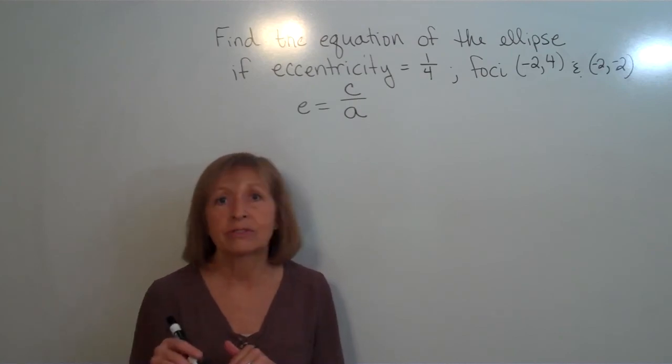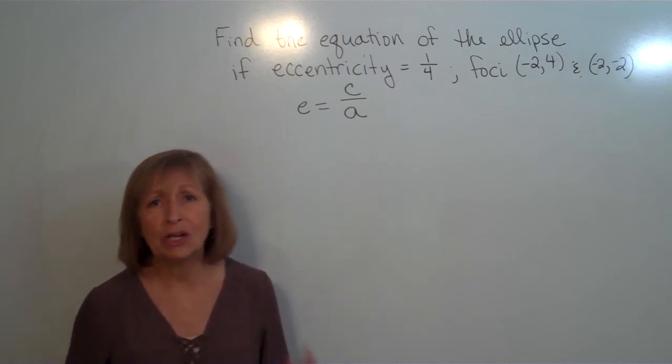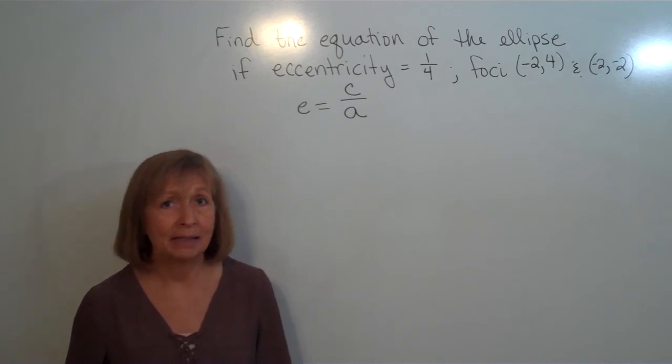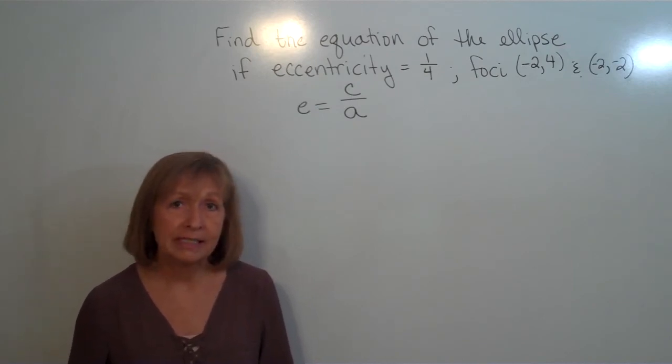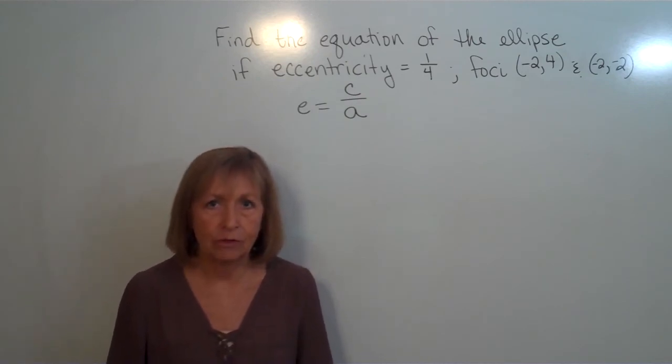So those common factors that might have existed between the numerator and denominator would have been removed. So I can't jump the gun and say that the top of my eccentricity is c and the bottom denominator of my eccentricity is a, because it might not be those values. You're looking at the simplified fraction, not the overall.